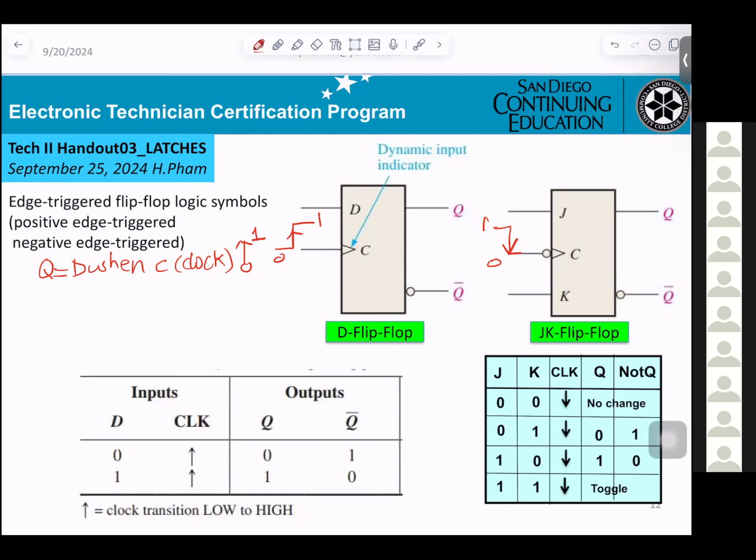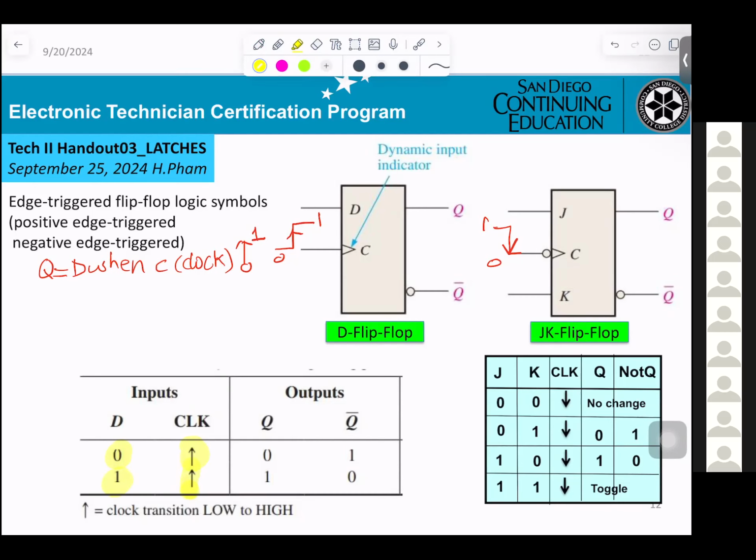D equals 0. Q will be 0 if you get the clock going 0 to 1. Without that clock, Q cannot equal D. Same thing, D equals 1, when you get the clock going 0 to 1, Q equals 1.